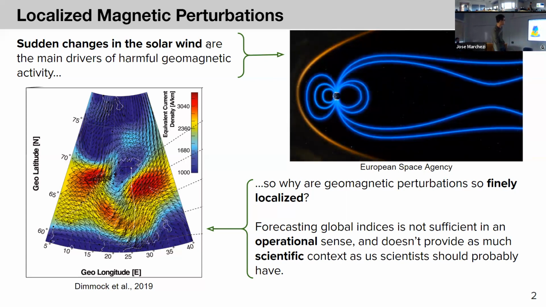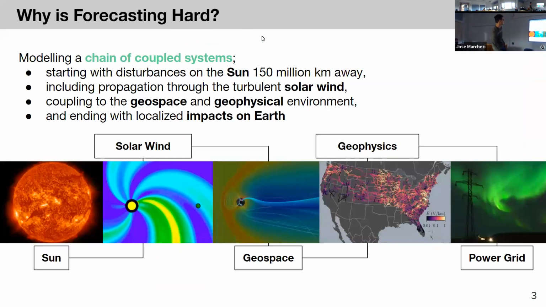So I'm going to expand on the forecasting issue here. Forecasting is really hard. The reason is because we start from the sun, which is 150 million kilometers away, and we look at its effects throughout the entire what I'm calling sun to mud chain.